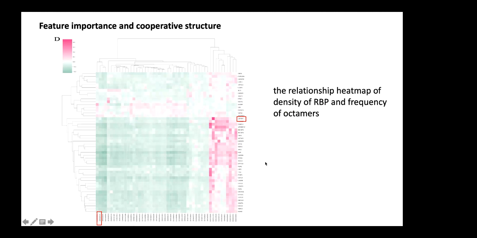We can see the whole picture can be clustered into two blocks in the column, which indicates a negative correlation in the left and a positive correlation in the right. The ZNF800 has the strongest positive correlation with this octamer. And this octamer has a negative correlation with most RNA binding proteins, which may be the reason why it is important in the prediction.